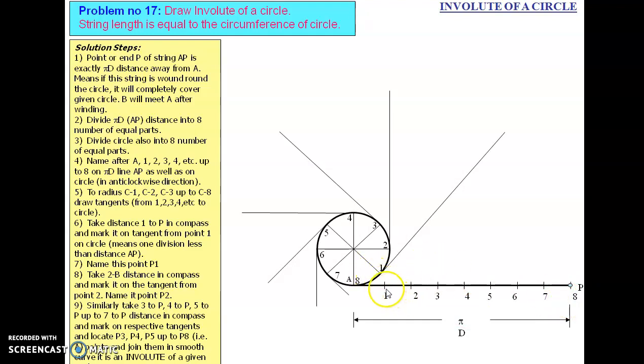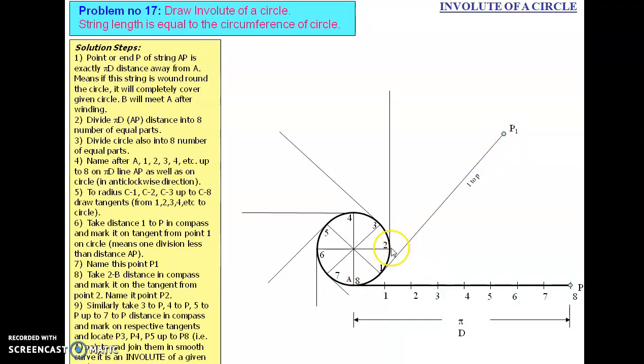Take this 1P as a distance in a compass, with 1 as a center draw an arc and transfer this distance, the remaining string length 1P. With 1 as a center, mark that point as P1.